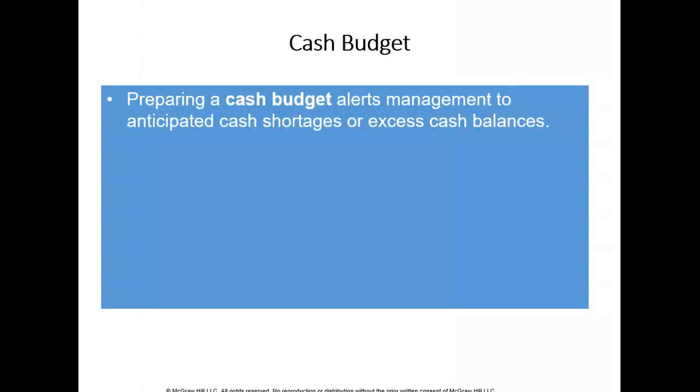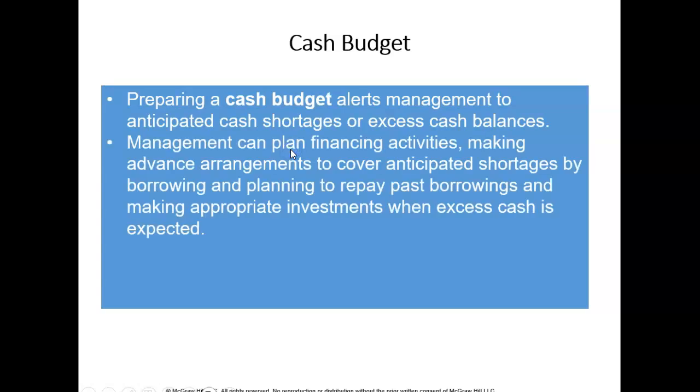So remember that the information from these budgets is going to be used to prepare our pro forma financial statements. So now we're going to put everything all together, your sales budget, your production budget or purchase budget, your selling and admin expense budget, and prepare what's known as a cash budget. What the cash budget does is alert management to any anticipated cash shortages or excess cash balances.